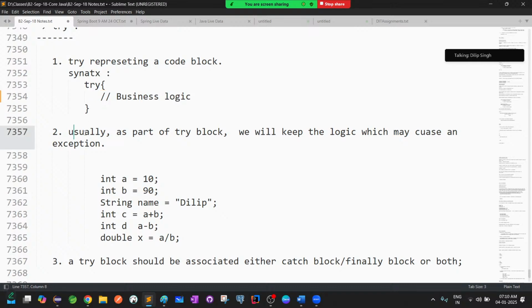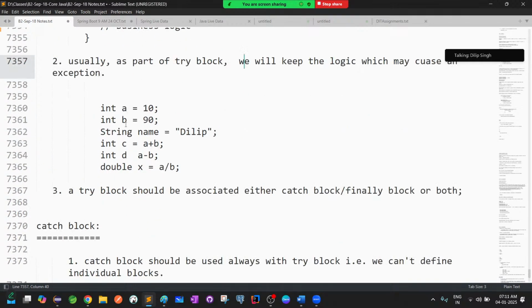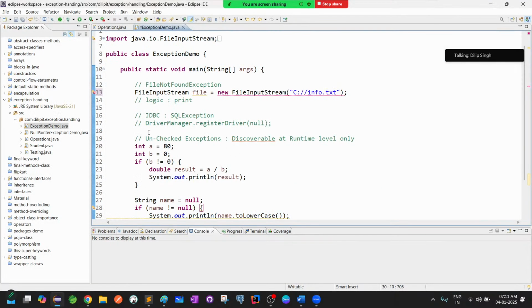Usually, as part of the try block, we as developers know which lines may produce an exception if anything goes wrong, like if you give some invalid data, what might fail and create an exception. That logic we usually keep inside the try block.